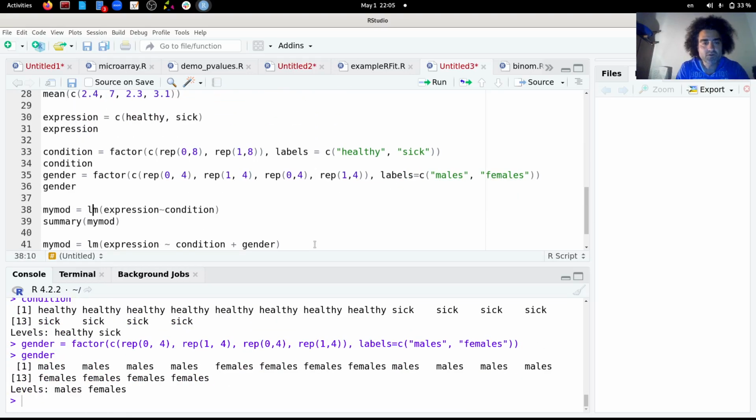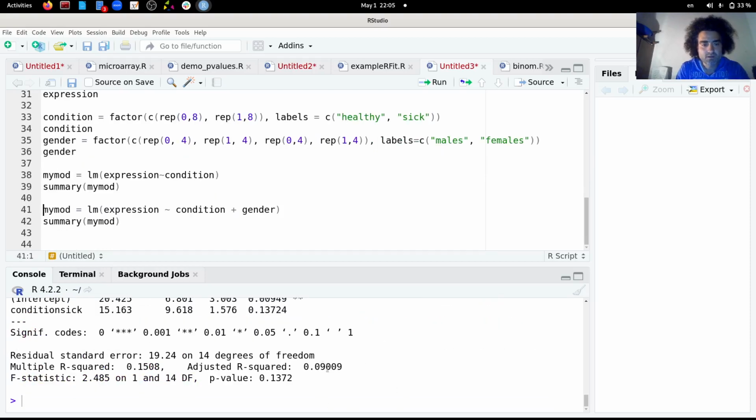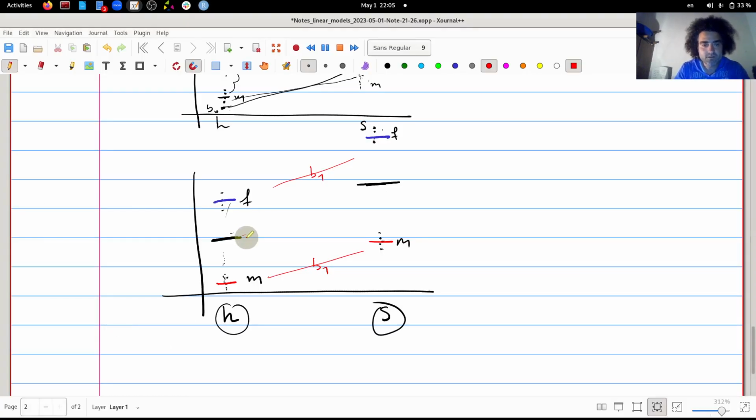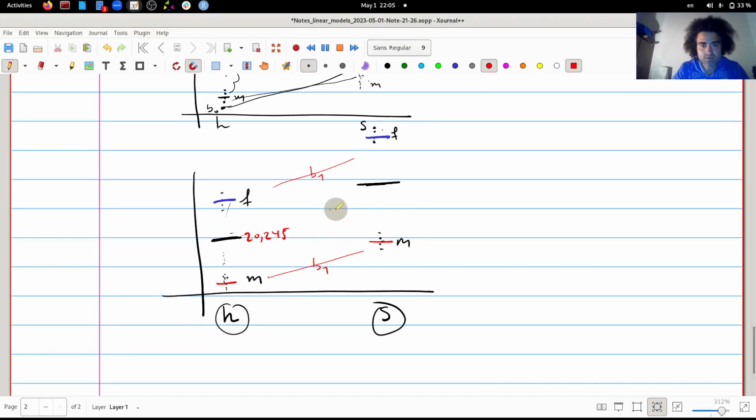So if we don't take into account the gender, the intercept is 20.245. This is here. And being sick, the effect is plus 15.16.